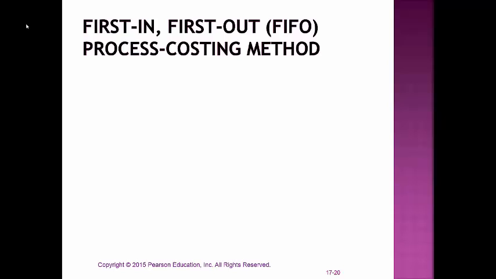Now what we're going to see is that the FIFO computations are very distinctive because they assign the cost of the previous accounting period's equivalent units in the beginning work in process inventory to the first units that are completed and transferred out of the process.